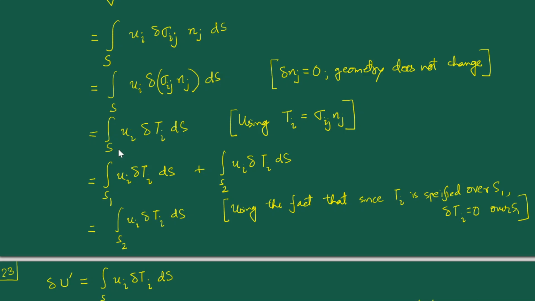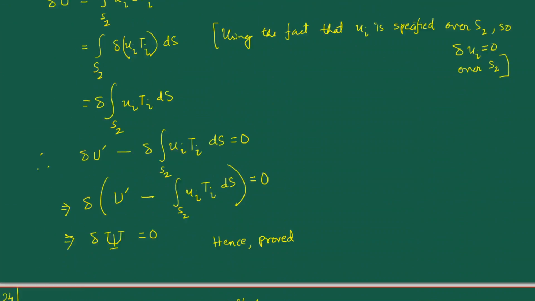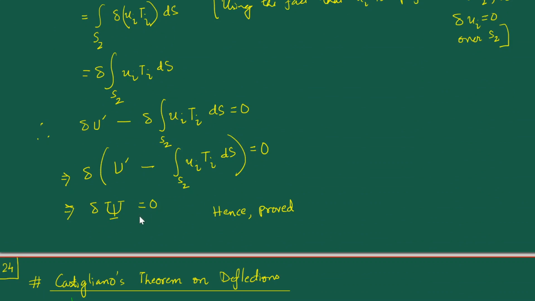So our point of attack for the proof of Castigliano's theorem on deflections will be from this part and not from the ultimate statement which we had proved here. We are going to start from that intermediate step.